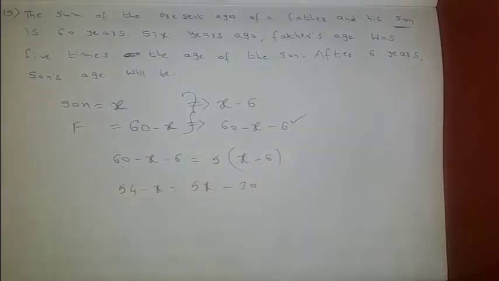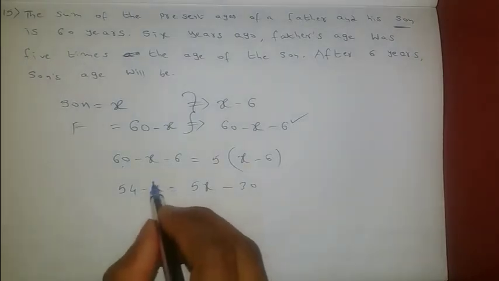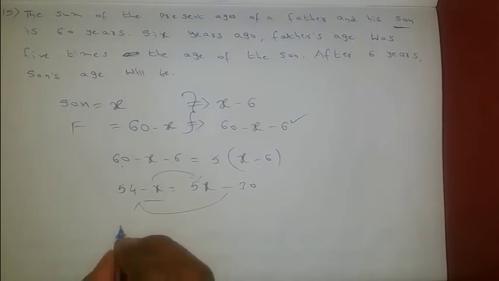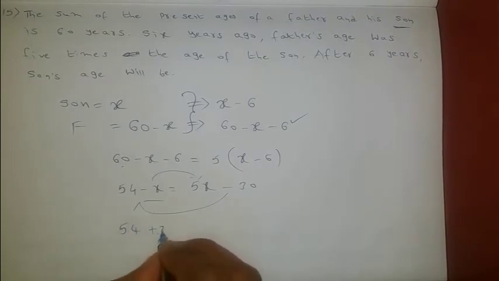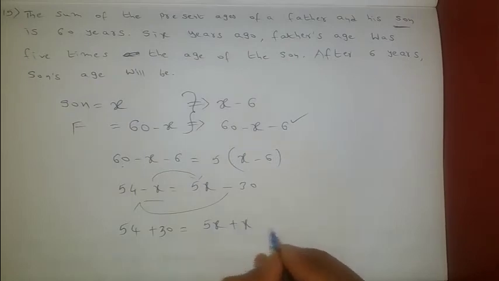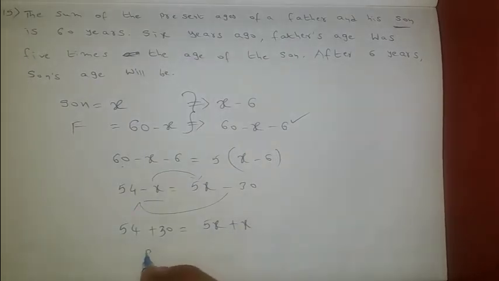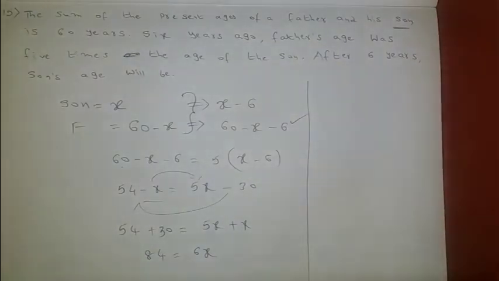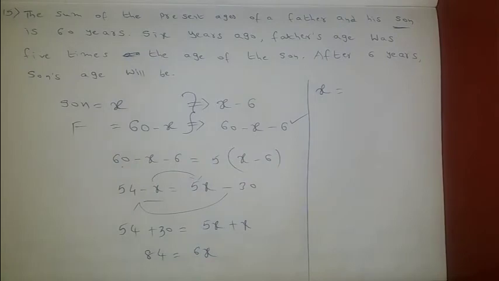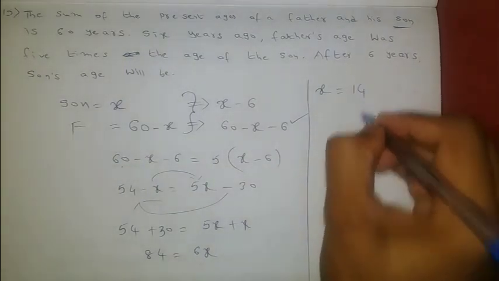I will take minus x that side and I will bring minus 30 this side. So 54 plus 30, 84, is equal to 5x plus x, 6x. 6x is equal to 84, then x is equal to 84 by 6, nothing but 14.